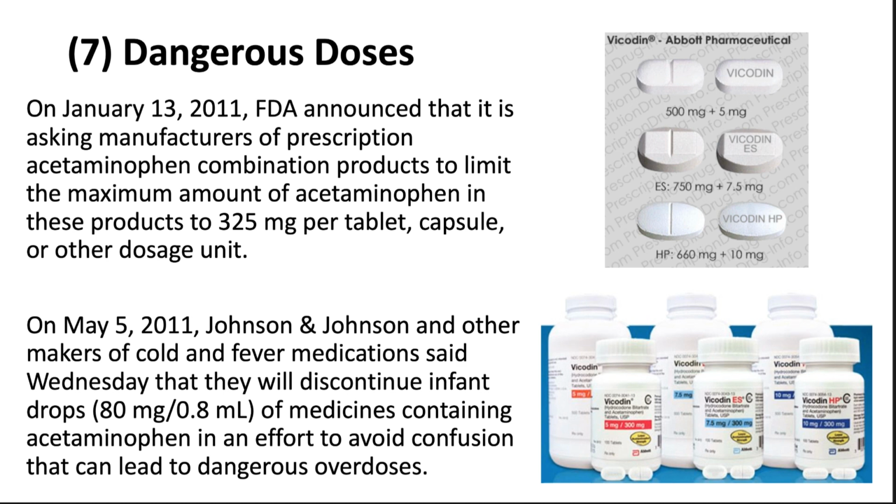Hopefully you've heard about the opioid crisis and people becoming addicted to high-strength opioids such as oxycodone, hydrocodone, oxymorphone, things like that. What was happening is we were getting a lot of acetaminophen overdoses by people using these combination products of both opioid and acetaminophen.